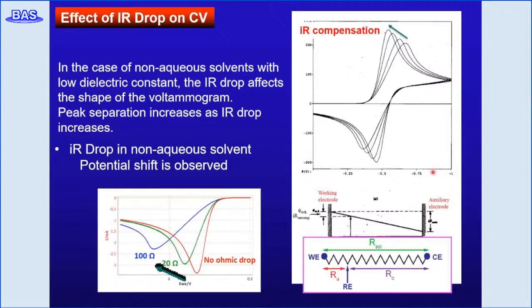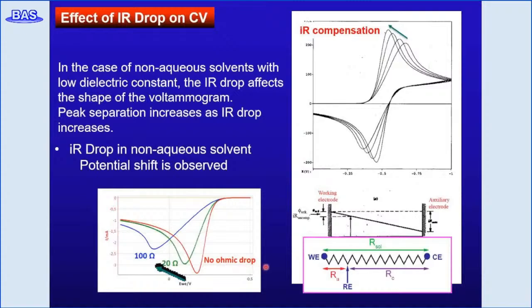By using the iR compensation, the peak separation becomes smaller, approaching the theoretical values. As the solution resistance increases, the peak potential is shifted compared to that without any ionic drop.